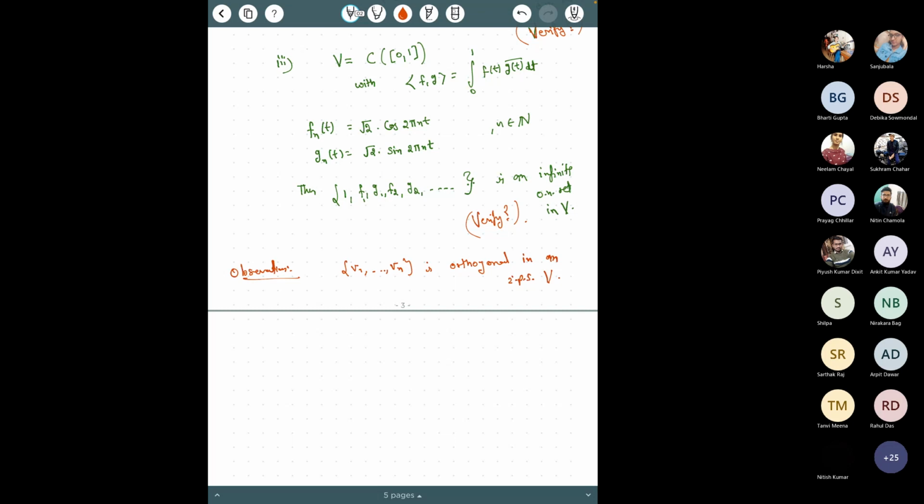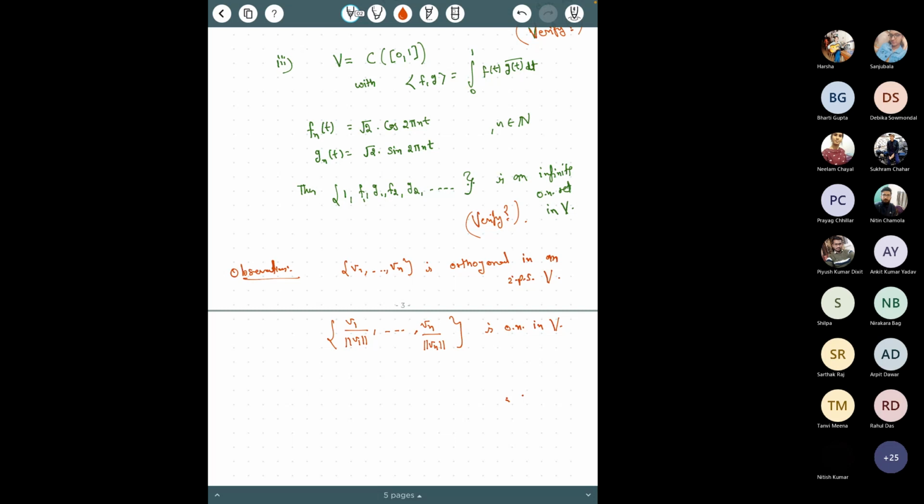So if this is an orthogonal set of non-zero vectors, then you can make it orthonormal by dividing each vector by its norm. Just make sure that none of these vectors is 0. So any orthogonal set can be transformed into an orthonormal set by dividing each vector by its norm.